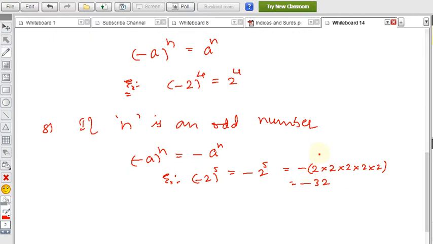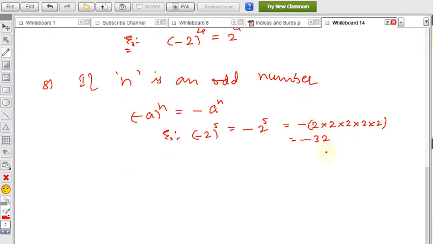Now the last: any number to the power 0 is 1. For example, 2^0 is equal to 1, and 3^0 is equal to 1. Even x^0 is equal to 1.